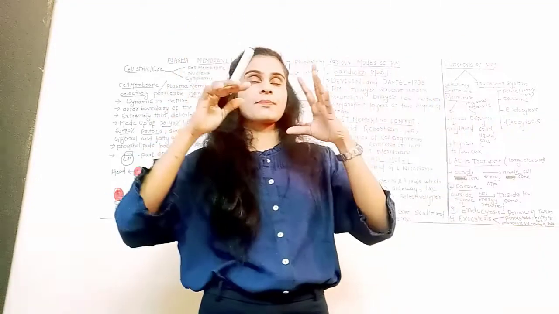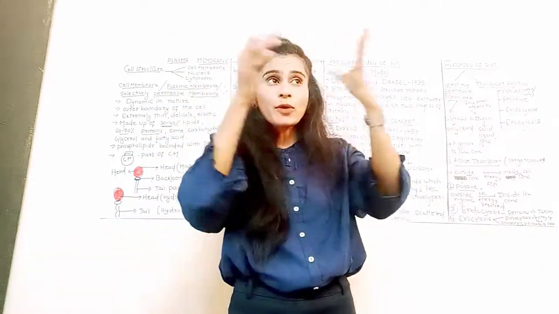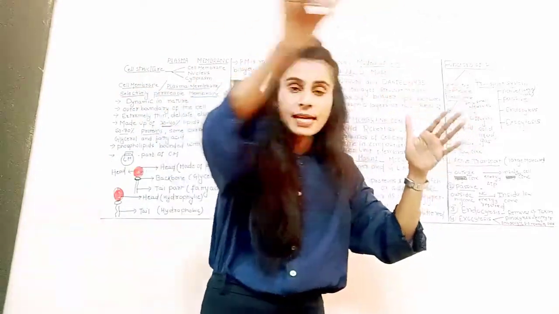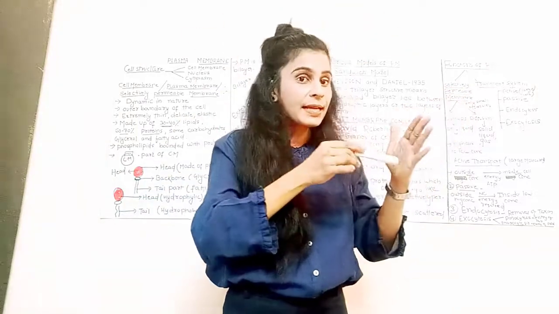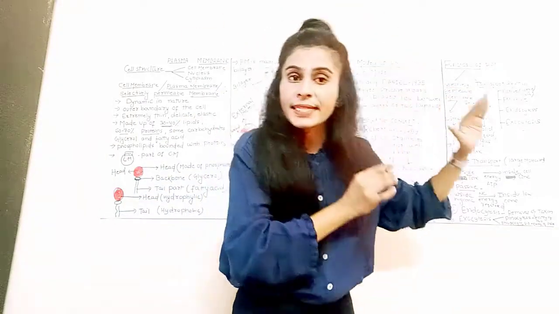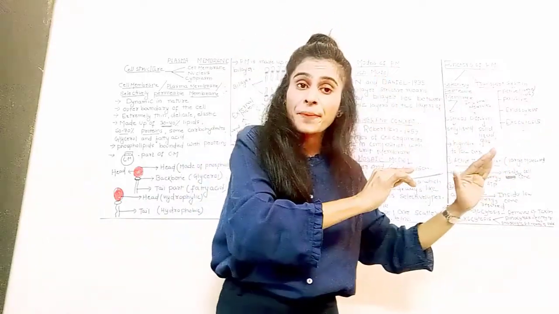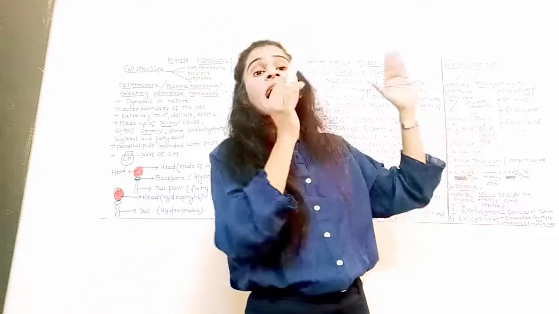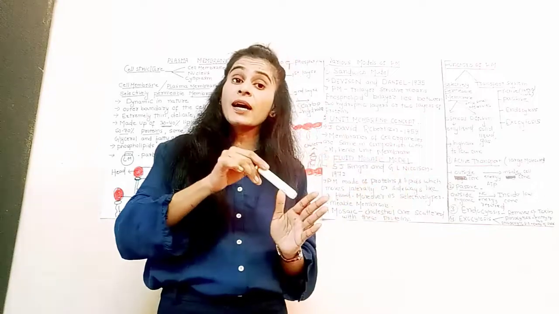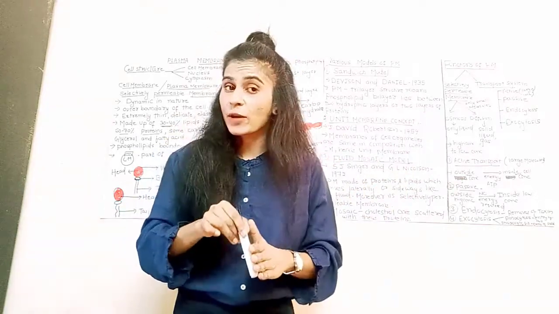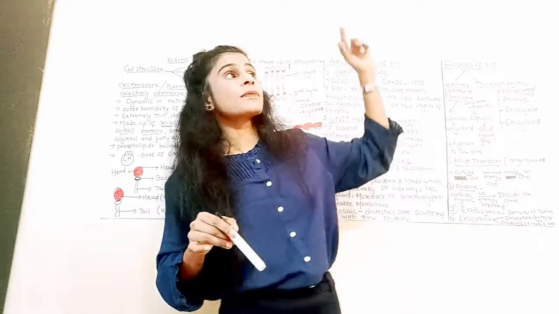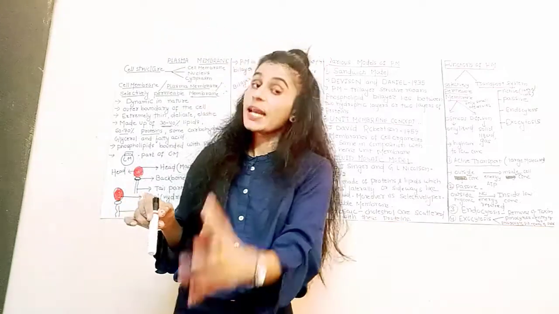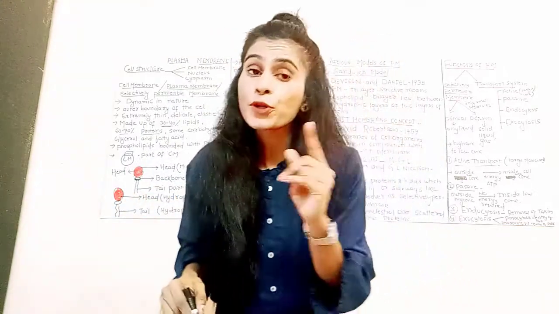Let's take an example. Whenever a cell is placed in a medium and the surrounding medium of the cell has a higher concentration of molecules as compared to the inner concentration, the molecules from the higher region move inside to the lower concentration region, and that solution is called a hypotonic solution.